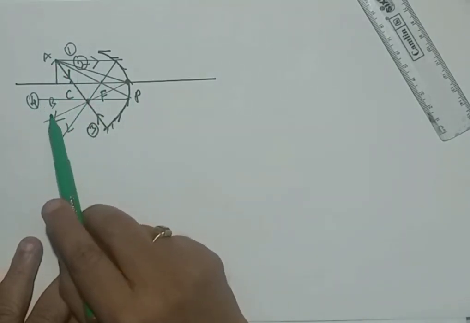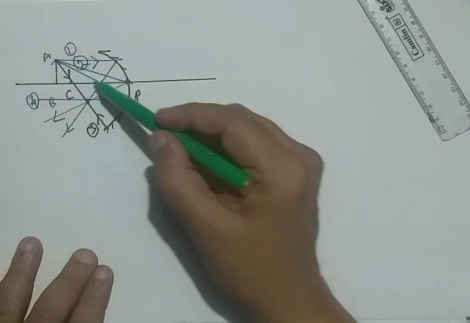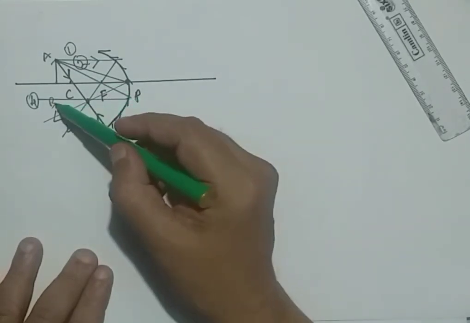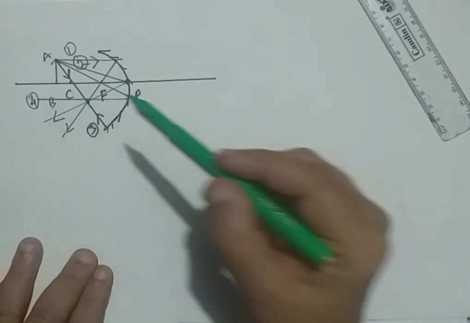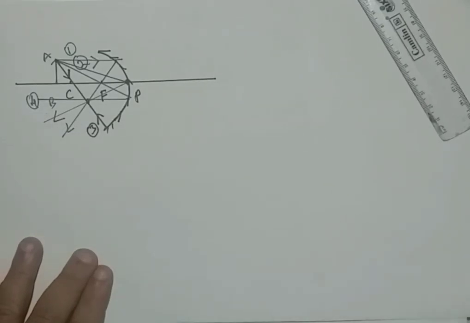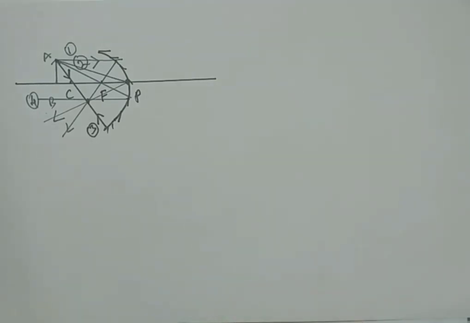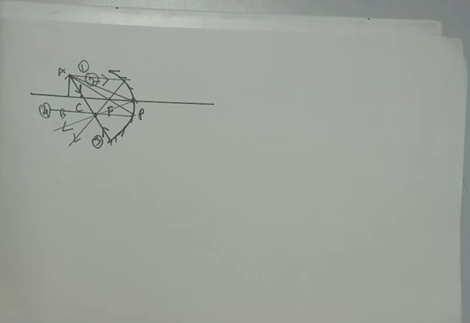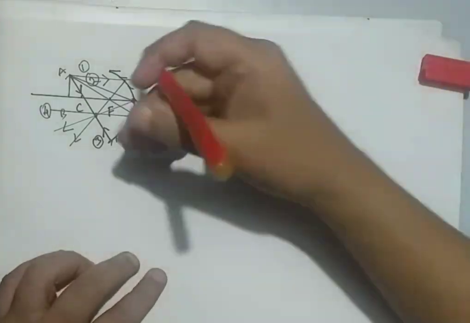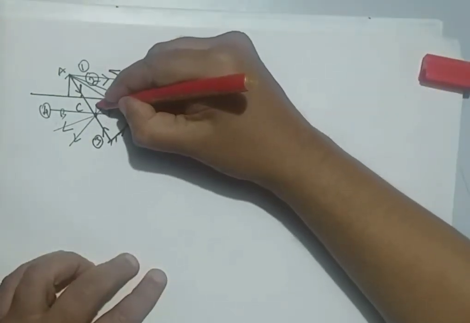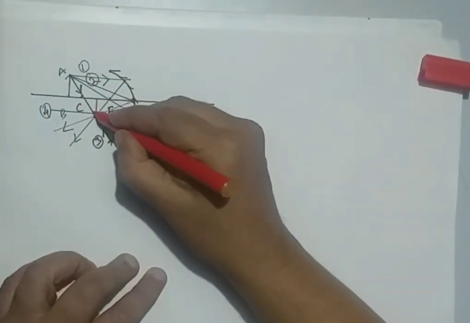And the fourth ray passes through the focus first and then becomes parallel to the principal axis. These are the four typical light rays we use to trace the image in the case of spherical mirrors. In this figure now, we draw the image of the object AB like this. Say this is the image of the object AB.